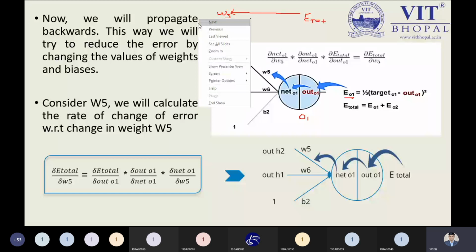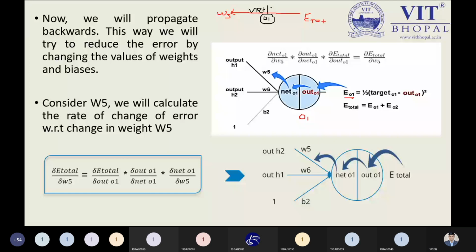In between E total and W5 there is an important node, which is O1. Now this portion is clear, and O1 is also divided into two parts: net O1, that is the net value of O1, and out O1.